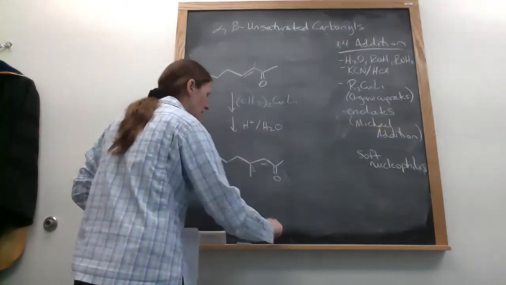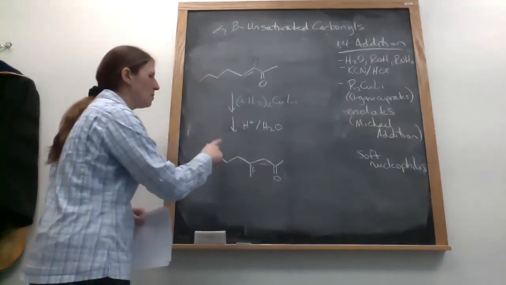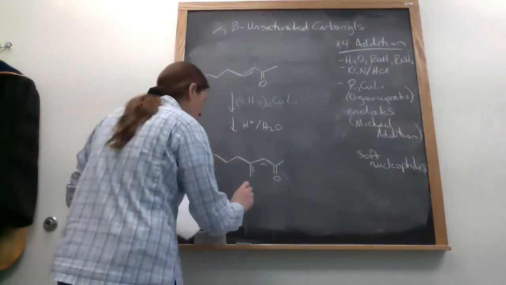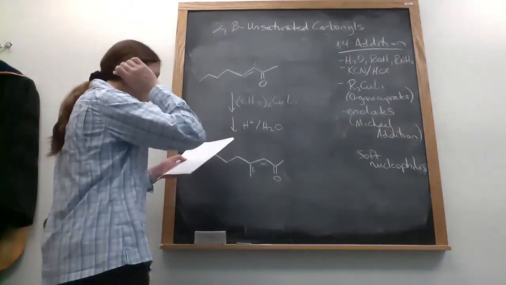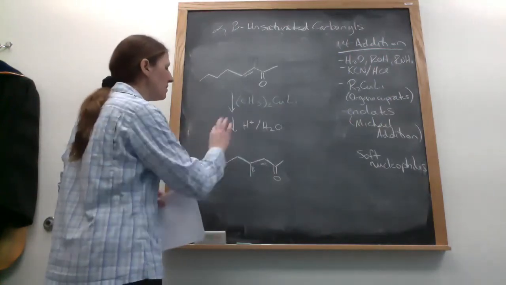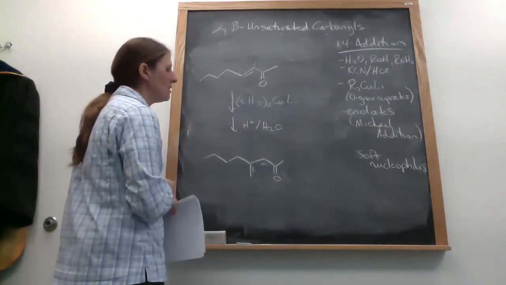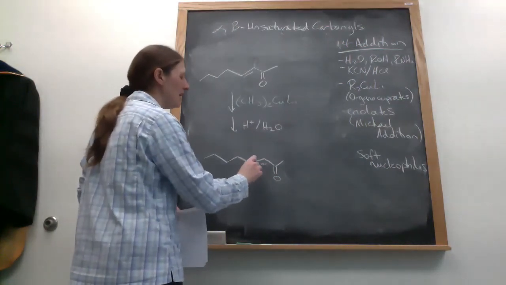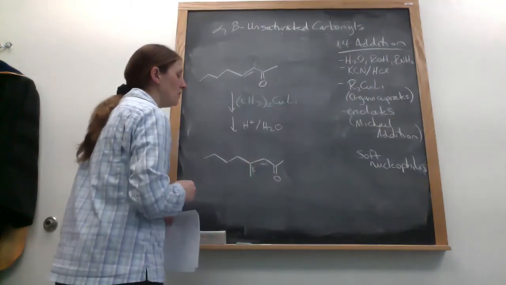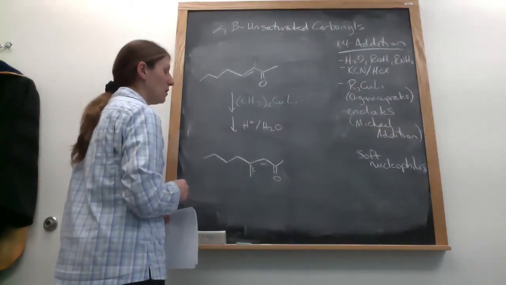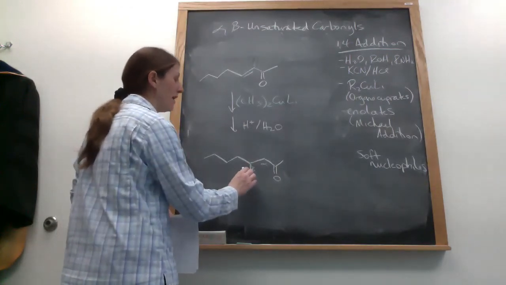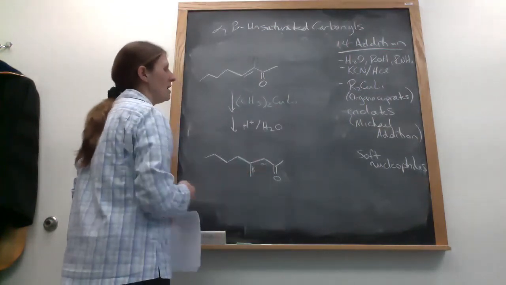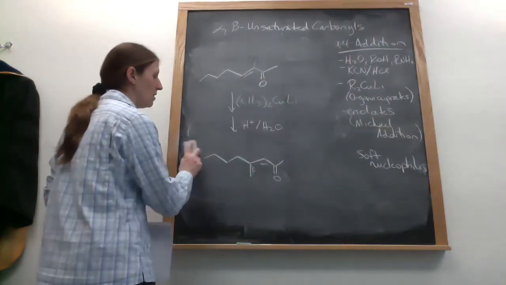So in this case, I'm going to add that to this position. This would be the result. In this case, I think this one's about 40% yield or so. 40 to 50% yield isn't uncommon, but I have made a carbon-carbon bond beta to my carbonyl. From a retrosynthesis standpoint, we have to keep in mind that this could be made from an alpha-beta unsaturated carbonyl.